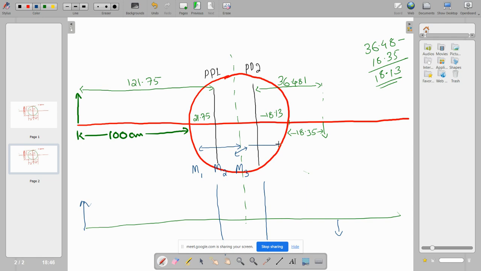Then again another glass gap, corresponding to which there will be matrix M4. Then there is a refraction from here to here, corresponding to which there will be a matrix M5. So you can get a matrix like M1, M2, M3, M4, M5.